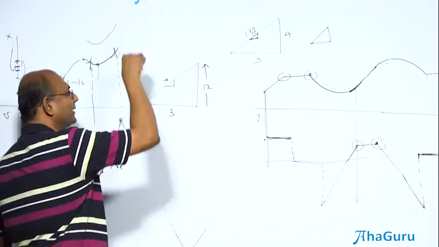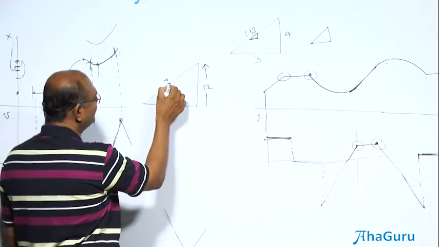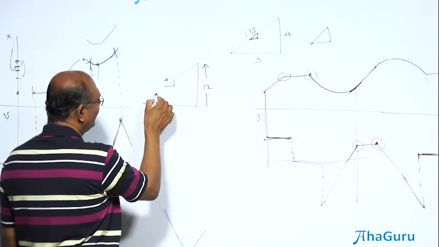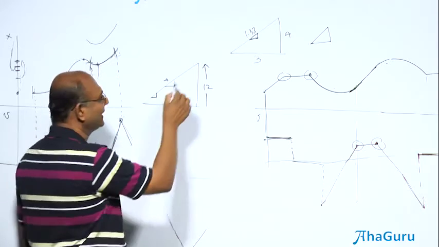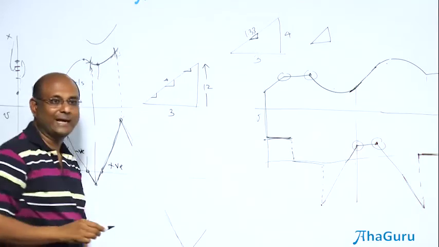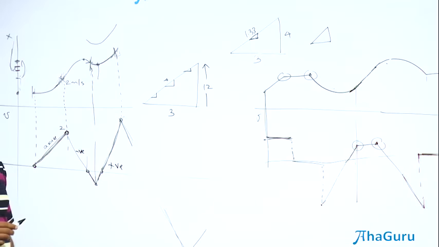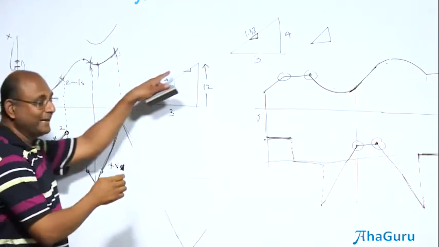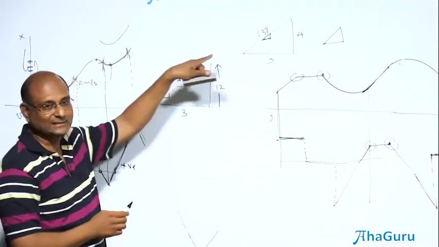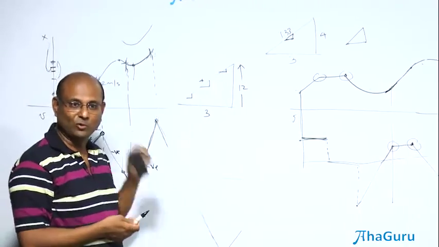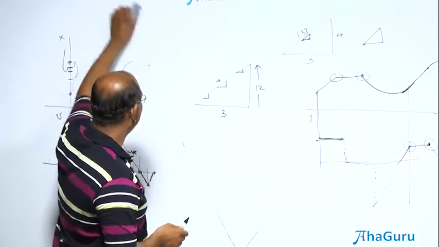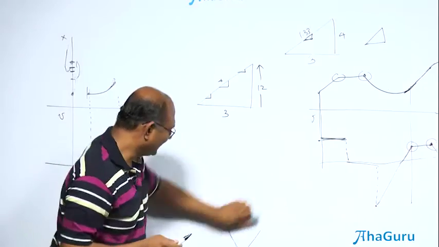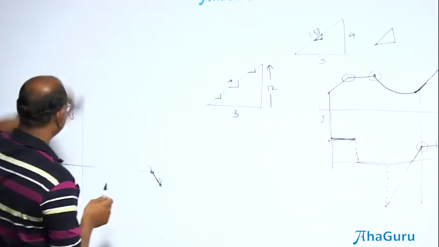Because this by this was that 4. But that 4 was this line slope there. It is also this line slope here. It is also this line slope there. Right? So I could choose anywhere, but if I just mark it at one place and it's a straight line, you know that it's a slope. Now where do we use this most often? You will see that the best place to use this is on a v-t graph.